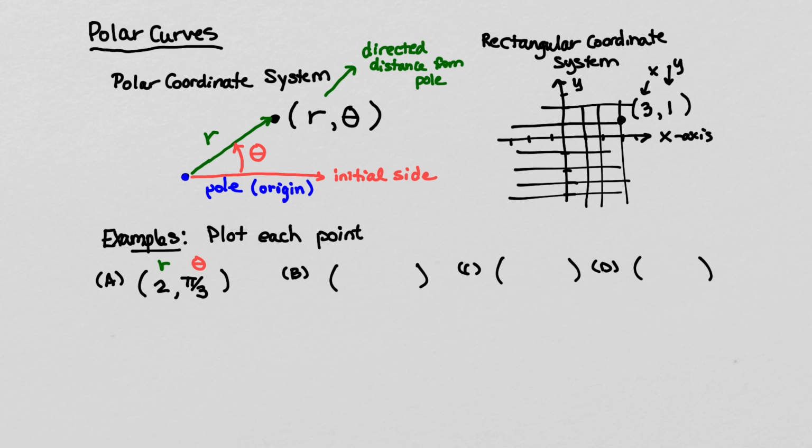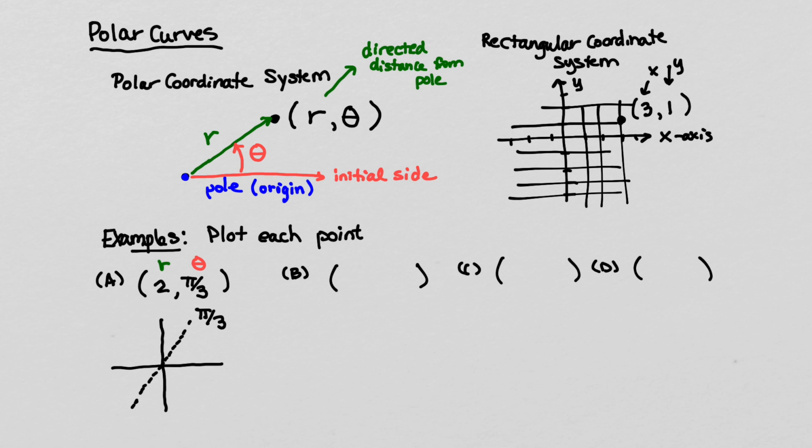But the polar paper has angles on it, and it's got circles on it, right? Because when you go to plot this, your units are going to be based on angles and circles. The first thing I do is find my angle, and so we want pi over 3. The angle pi over 3 is right up here.